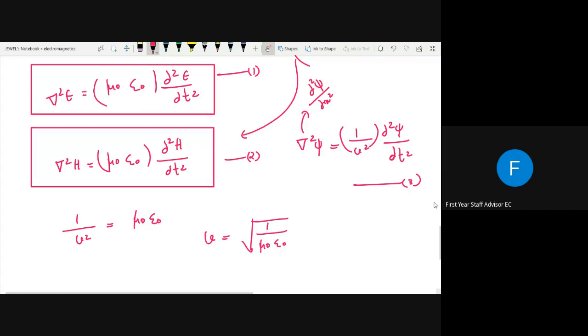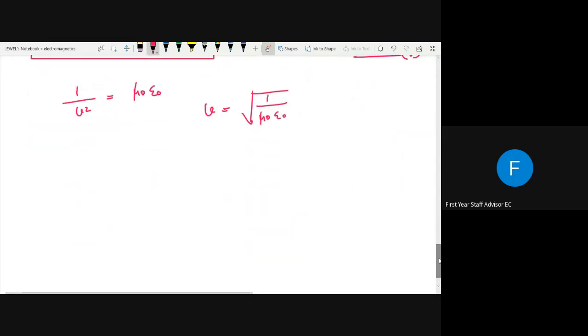Okay, so what are mu 0 and epsilon 0? You know, mu 0 and epsilon 0 are the permeability and permittivity of vacuum or free space. So we know mu 0 equal to 4 pi into 10 raised to minus 7 Weber per ampere meter, and epsilon 0 is such that 1 by 4 pi epsilon 0 equal to 9 into 10 raised to 9.